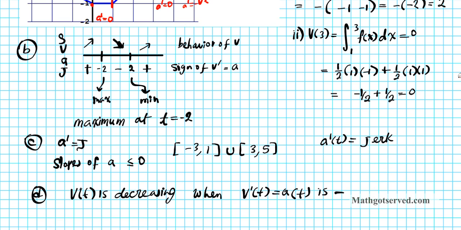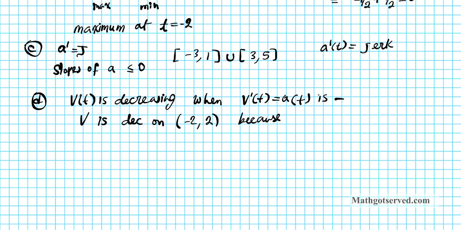So V is decreasing from negative 2 all the way to 2, because V prime of t is negative on that domain. So that's that.